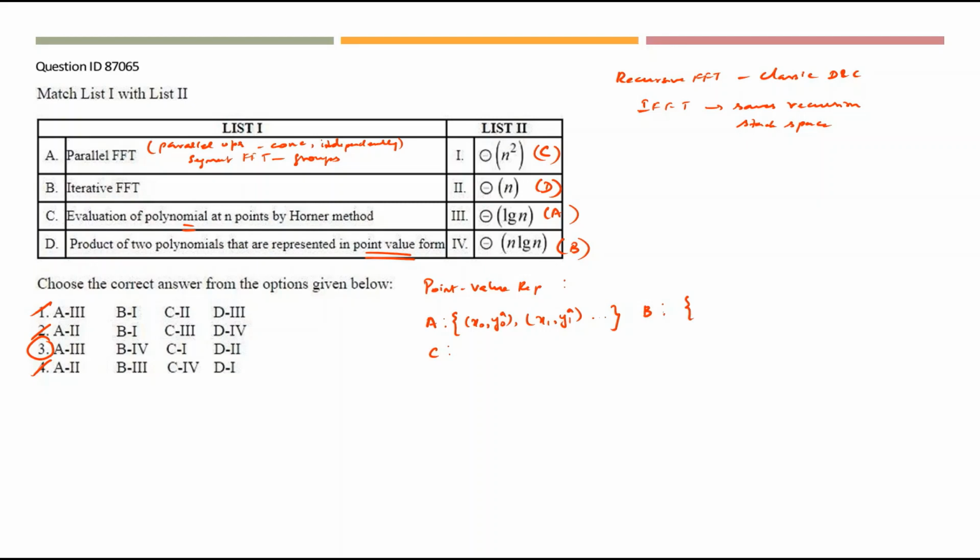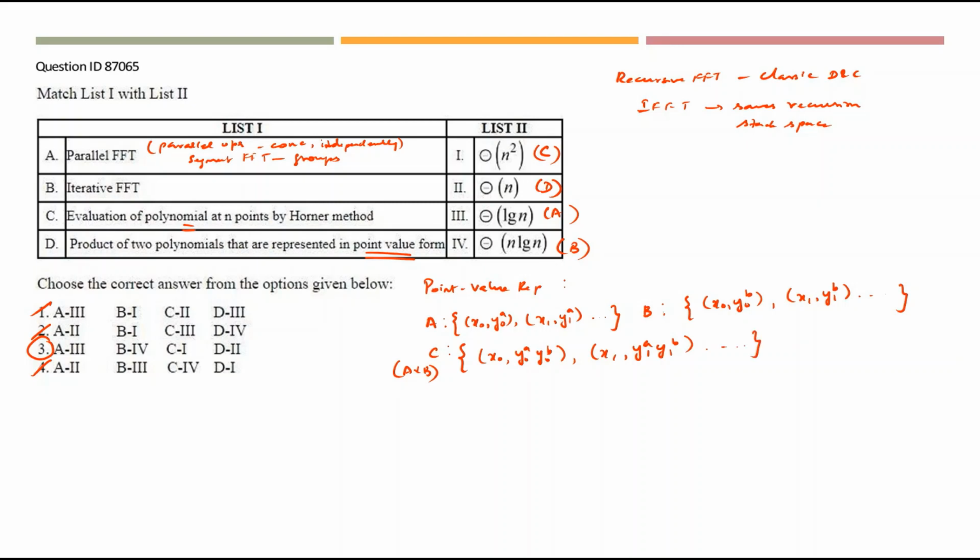The polynomial B will be of the form x0, y0b, x1, y1b. The product A into B will be in the form x0 will stay and the product of y0a and y0b will be taken. x1 will stay, y1a and y1b will be taken here. So this is the way the product will be computed.